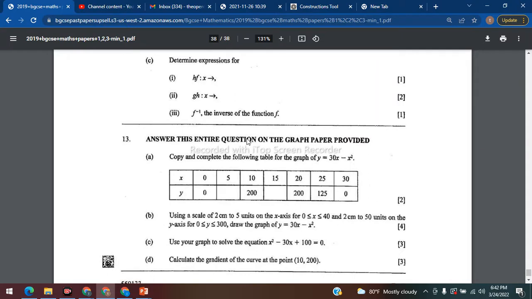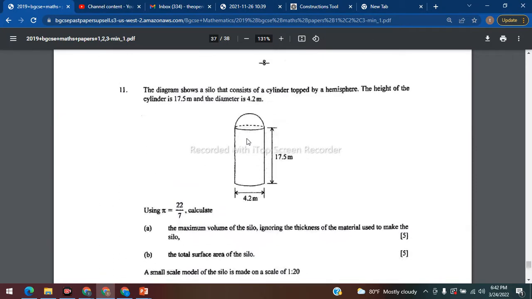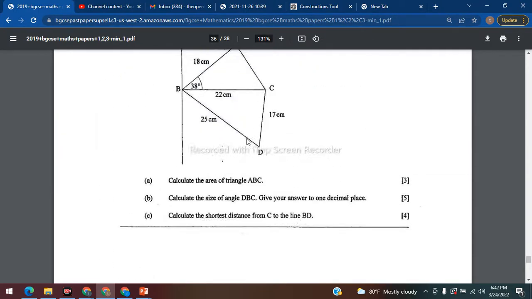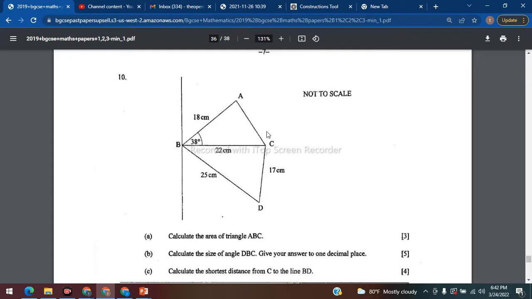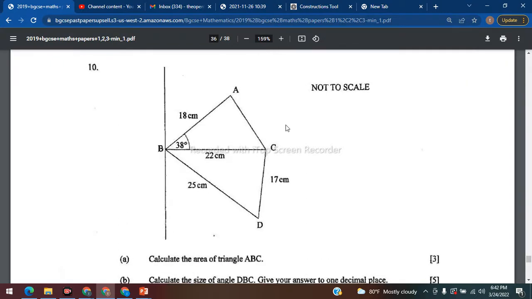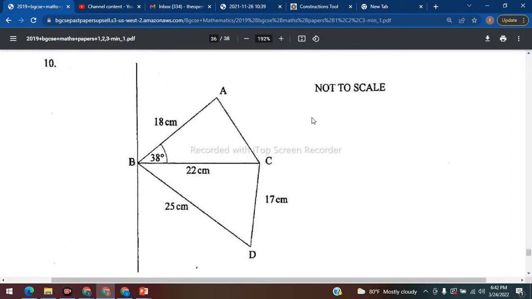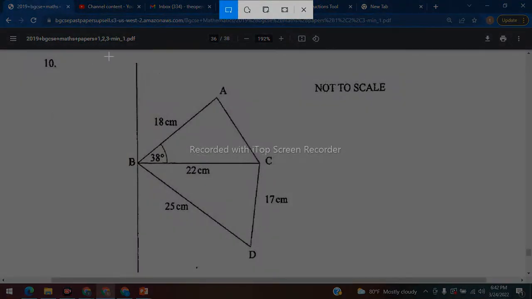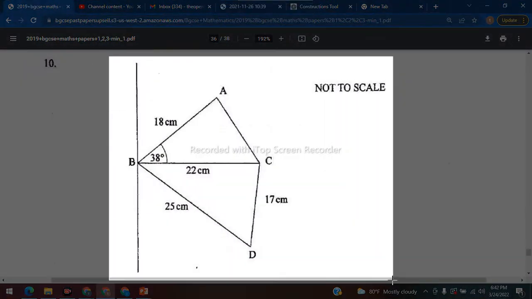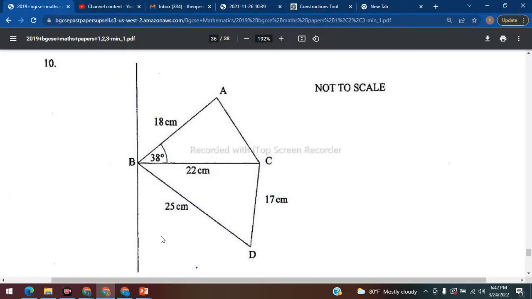And 13, we basically finished. So we're on number 10. Okay, so let's move on.